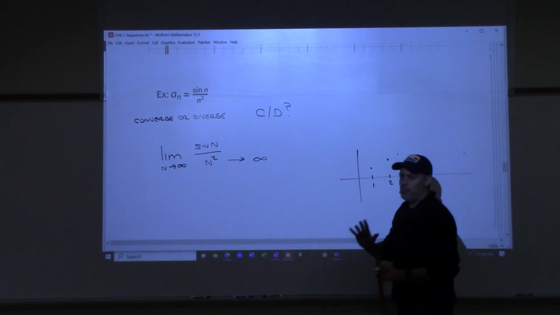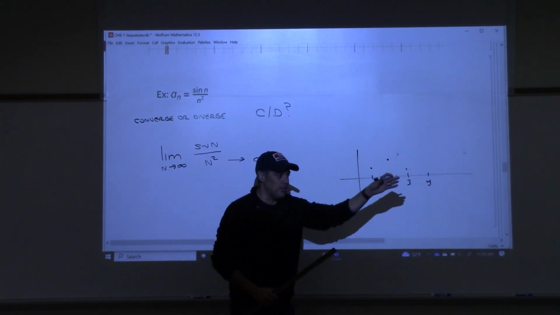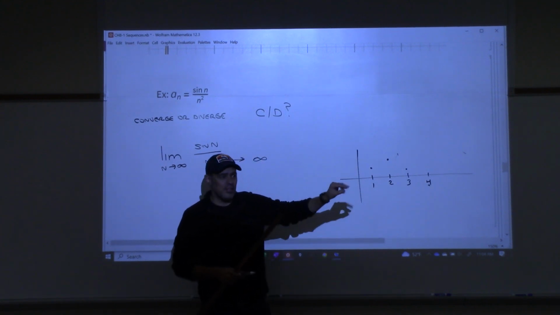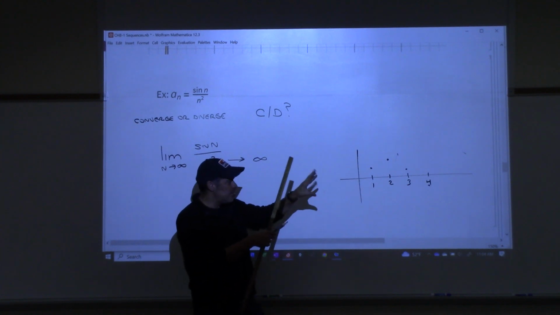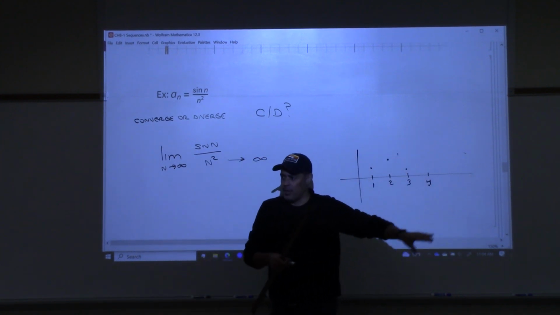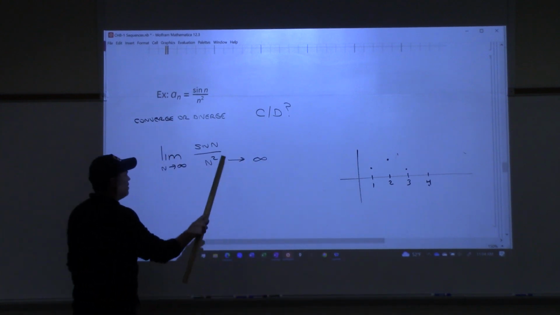So you can't tell me that it's headed to any particular number. It's not headed to 1, it's not headed to -1, it's not headed to 0. It's like salt and pepper scattered all over the place. So what would we say the top is doing?